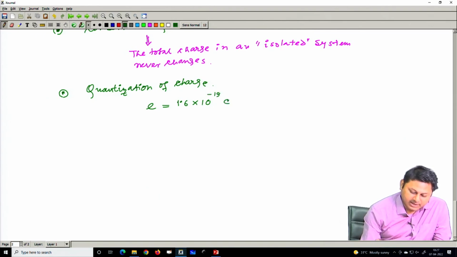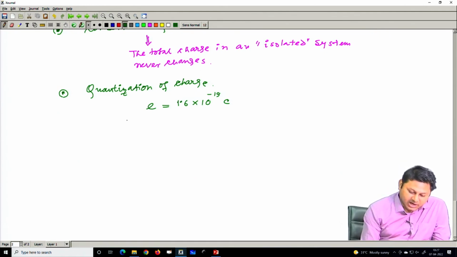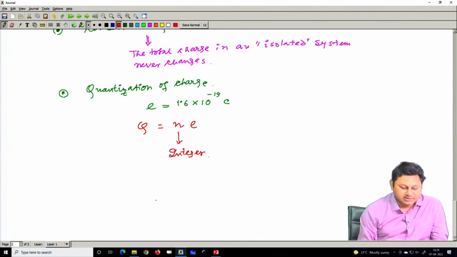The minimum charge one can have is this; you can't break it. So, whatever the total charge we have, it is some multiple of this charge e, where the multiple is an integer. That ensures that there is a quantization of charge.